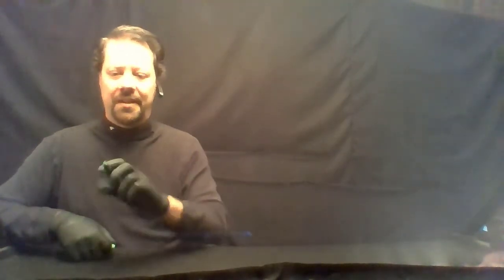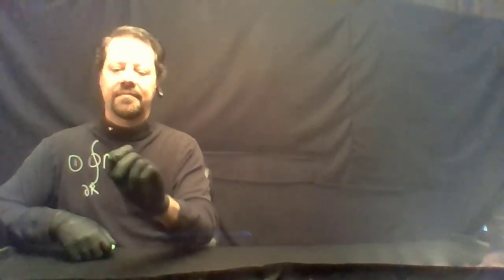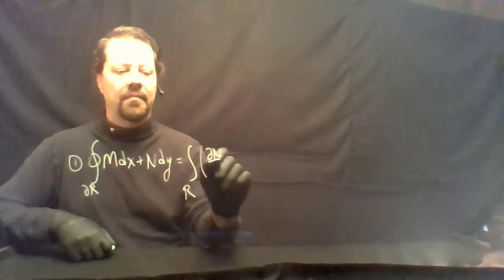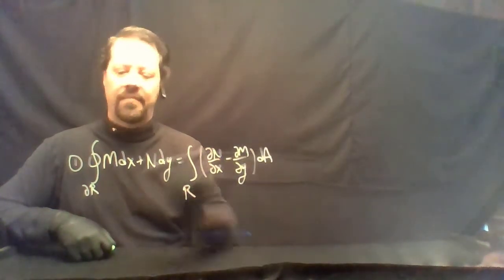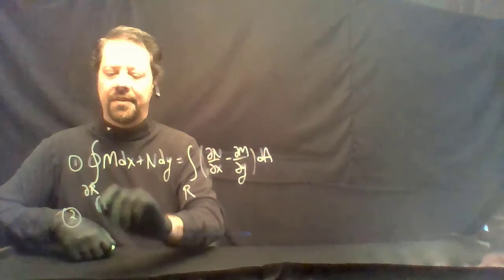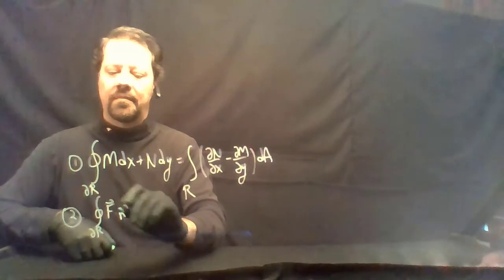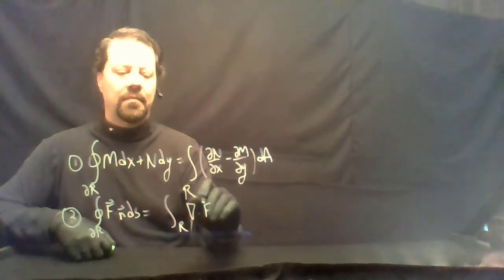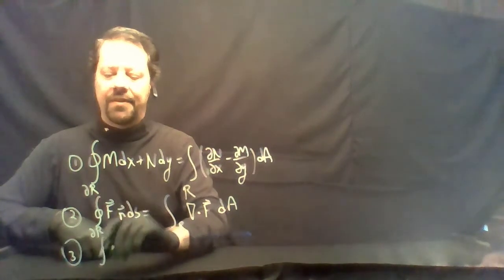We have three versions of Green's theorem. We have the one-form version, we have the flux version, and we have the circulation version.